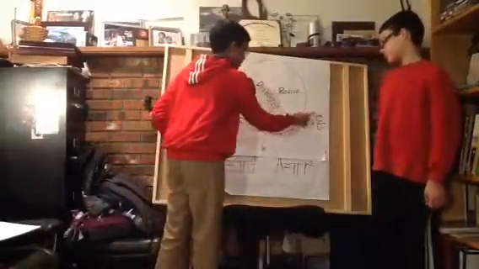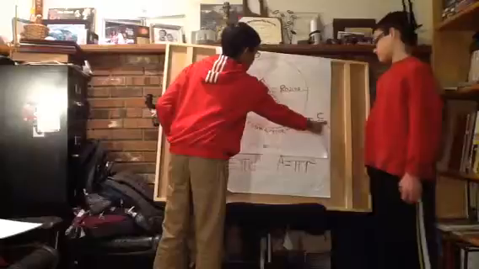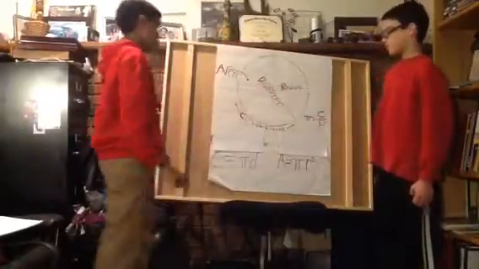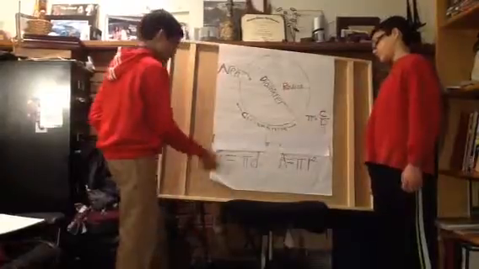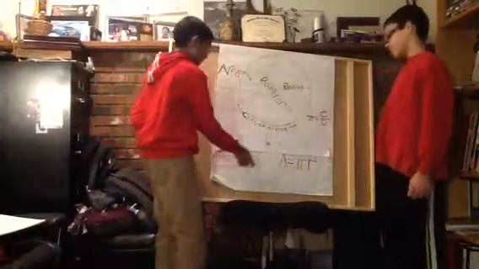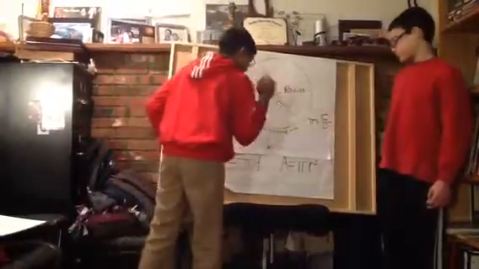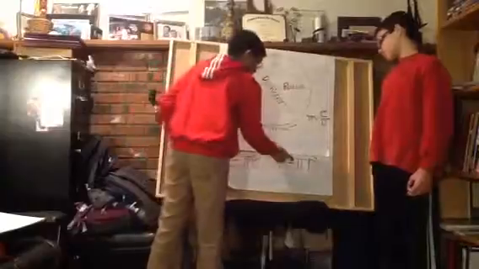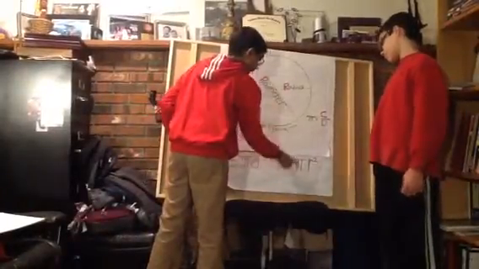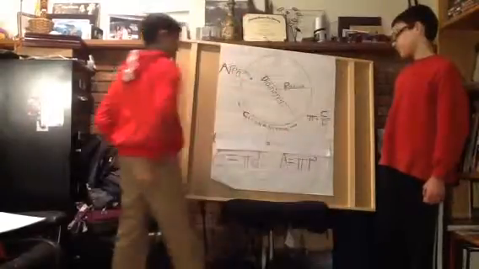Pi equals circumference over the diameter. If that were true, we'd have the circumference equaling pi times the diameter. And so, we'd have the area equaling pi times the radius squared.